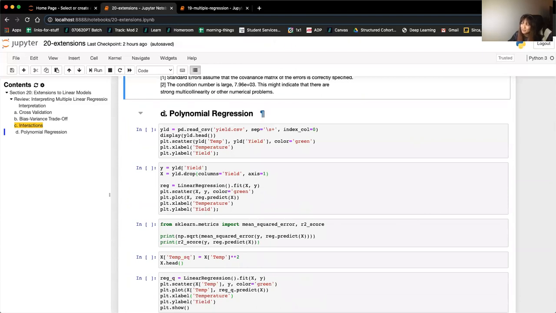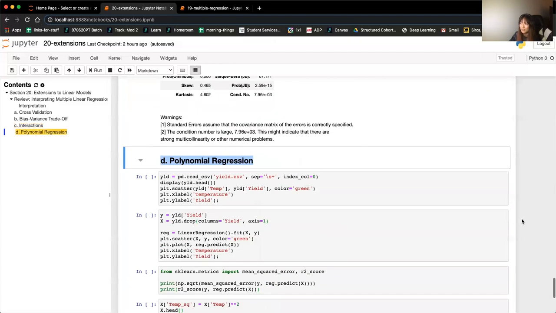Polynomial regression is basically saying that there might be a relationship between the dependent variable and also maybe the square of one of the independent variables, or even the cube. We will look at some examples on Thursday, but I know we're a little bit over time. Does anyone have any questions right now?